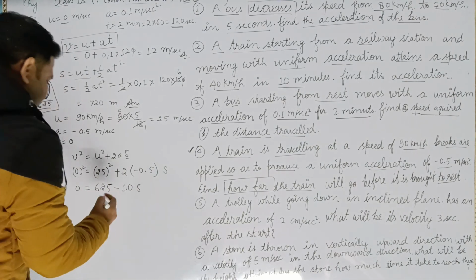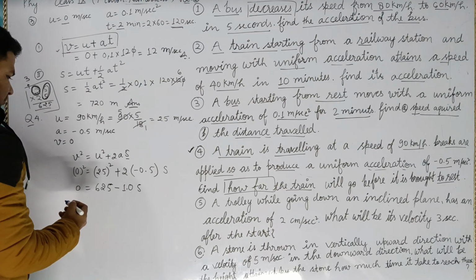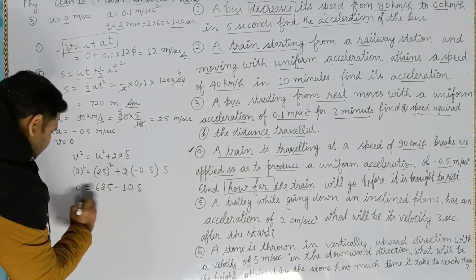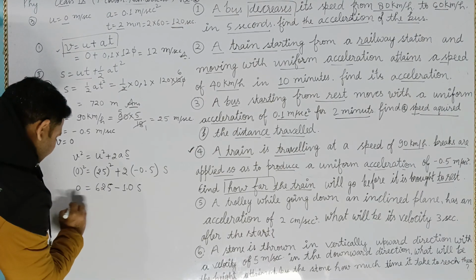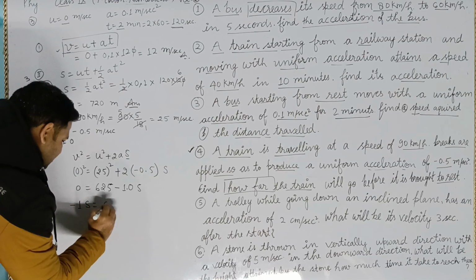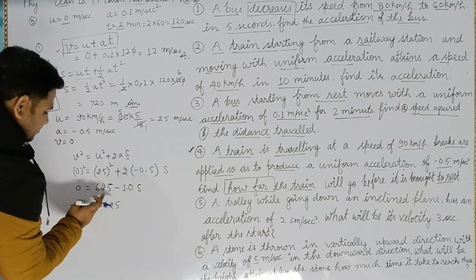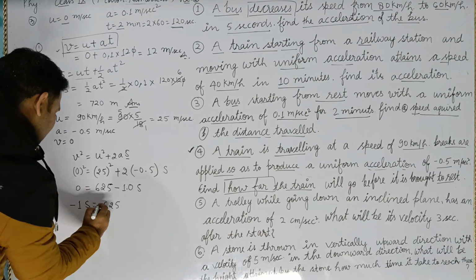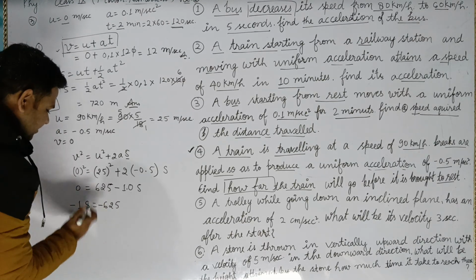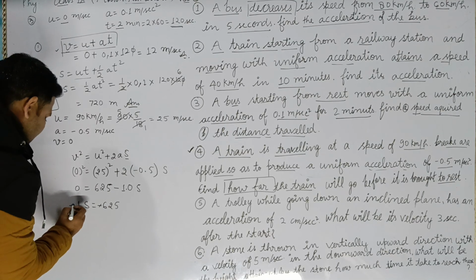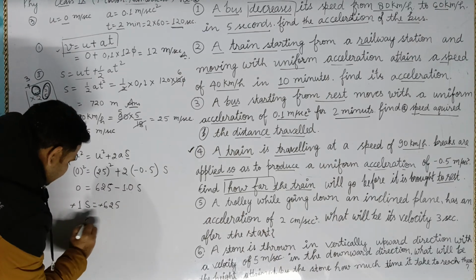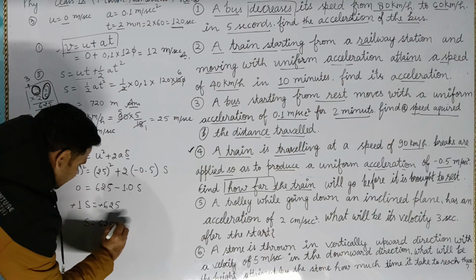So we get 0 equal to 625 minus s. We take 625 to the other side, so we apply a negative sign. We cut minus with minus, and s equal to 625 meters.